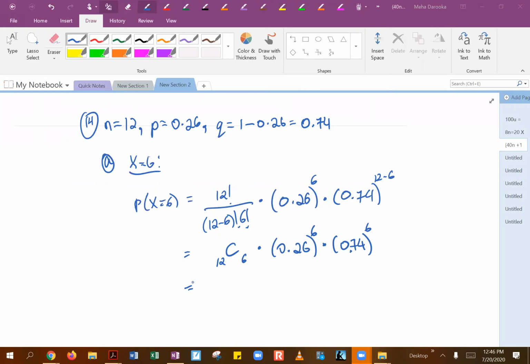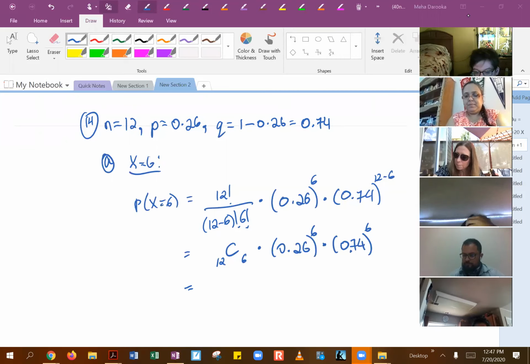Maybe you've got 0.047. Okay, anybody else? Because again, you can use the combination for that first part and then just multiply by those exponents.